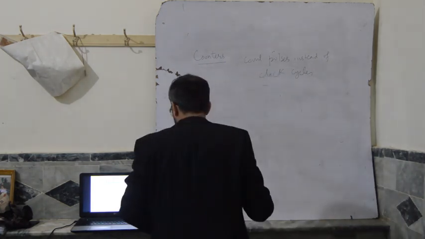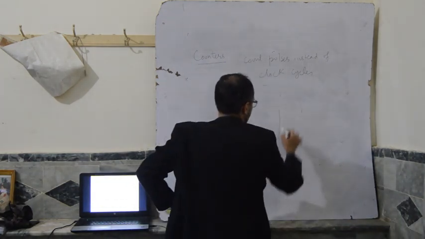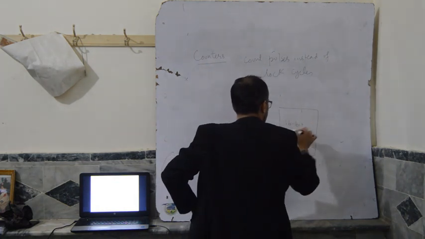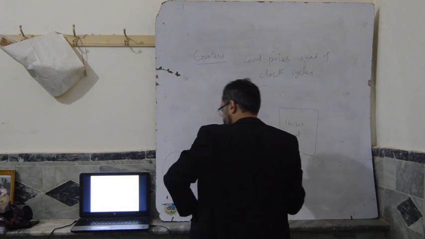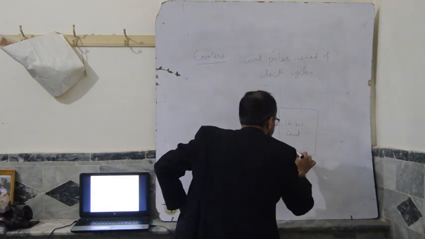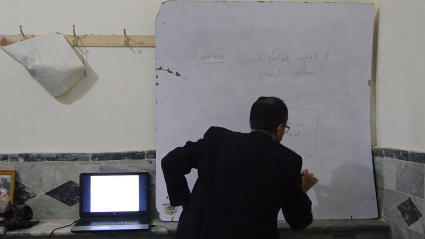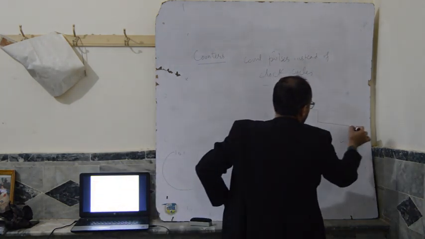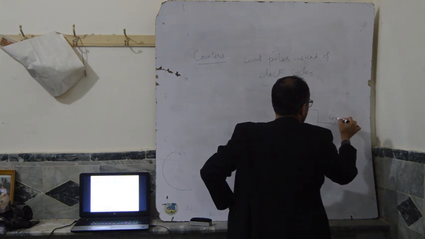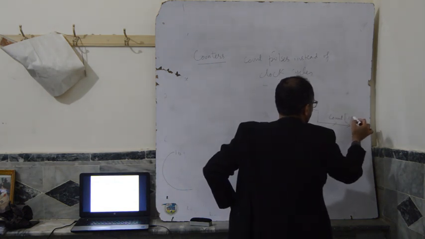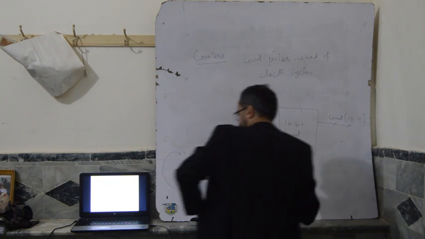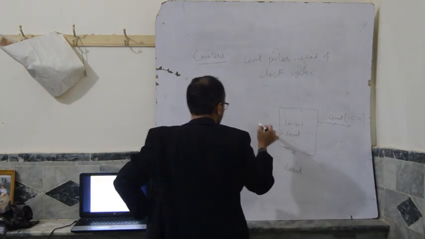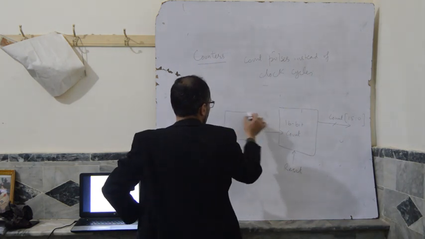How will it look? Let's assume that we have a 16-bit counter. Reset will be used to initialize the count to an unknown value. The output will be 16-bit, that is count, 15-0.